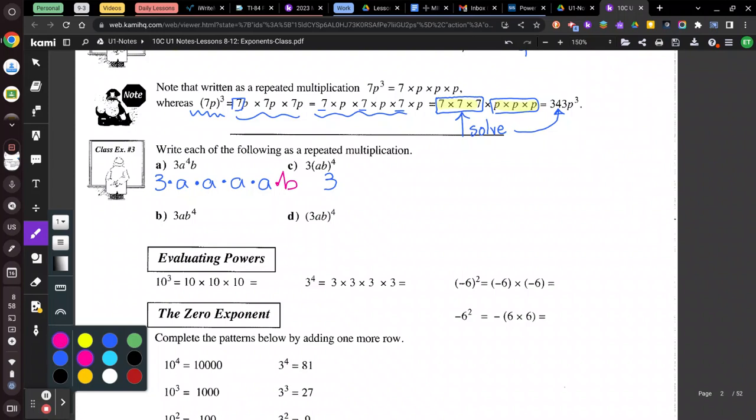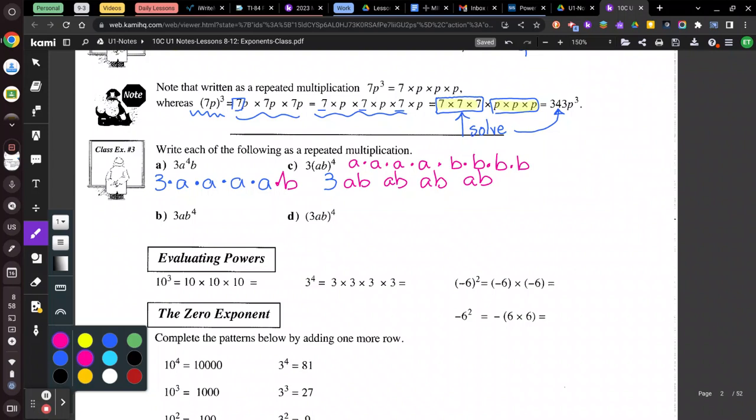That 4 is attached to both of them. So I would have AB, 4 times, AB, AB. Or if you wanted to write it up here, you could go 4 A's and then 4 B's. Okay, both ways are correct. So whichever way you prefer, that's how you would expand it.